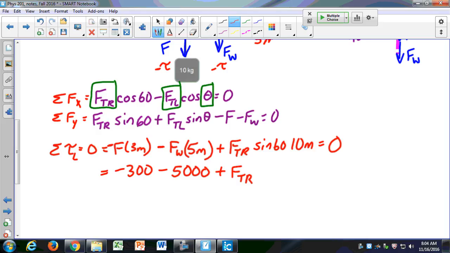No, so it's 8.6 times FTR. All right, and then I can solve that for FTR equals 5,300 divided by 8.6.